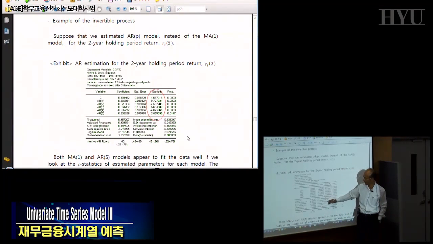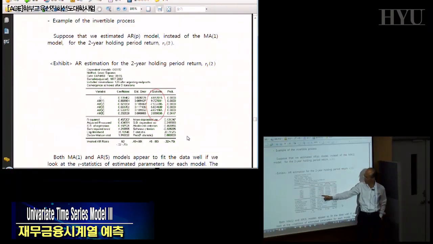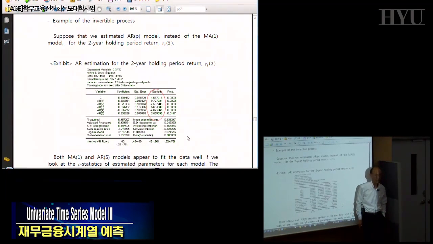So after some lag, you won't be finding any more statistically significant. But still, the data appears to be generated from an MA1 process, but we have more than one parameter significant. So we have to decide whether we stick to there or the MA1 process for the best fitting model.